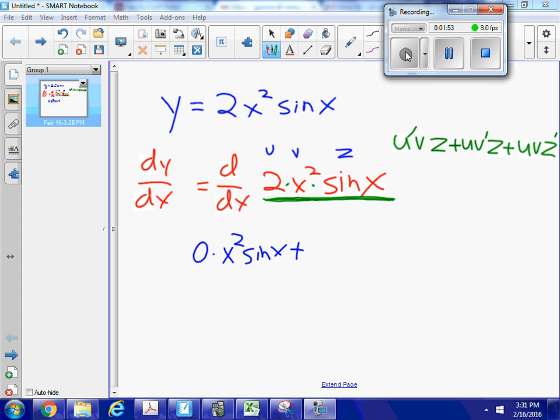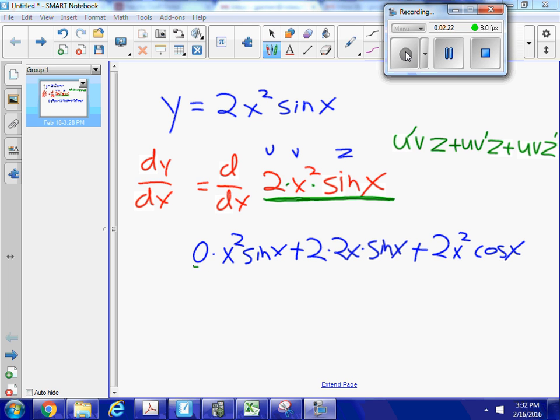So u is 2, times the derivative of v, which is 2x, times z, which is sine x, plus now I have uvz prime, so it's 2 x squared, and the derivative of sine x is cosine x. So I'm adding all those things together.